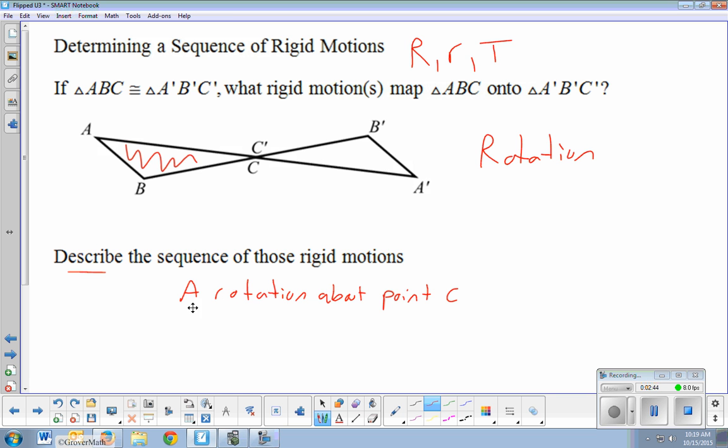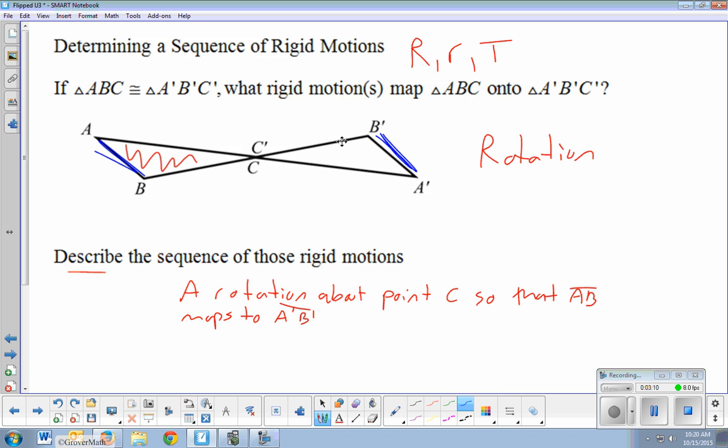So what we could say is a rotation about point C so that side AB maps to A prime, B prime. And basically what that's just saying is rotate this triangle, whatever degrees it takes, until this side falls on this side.